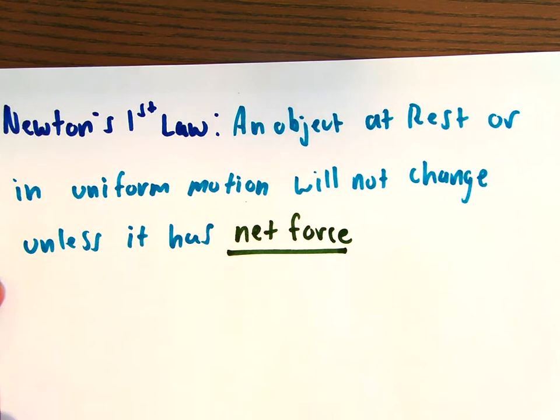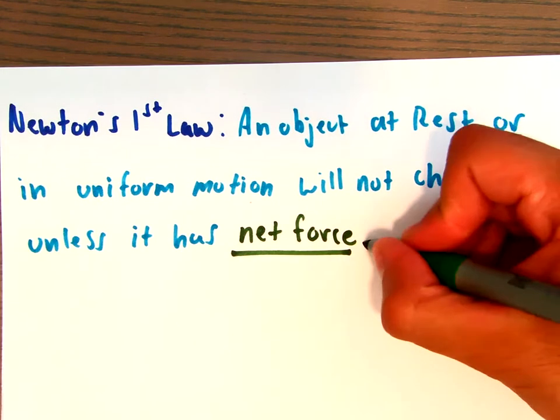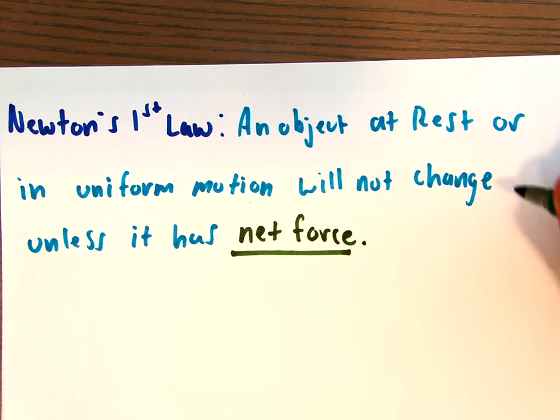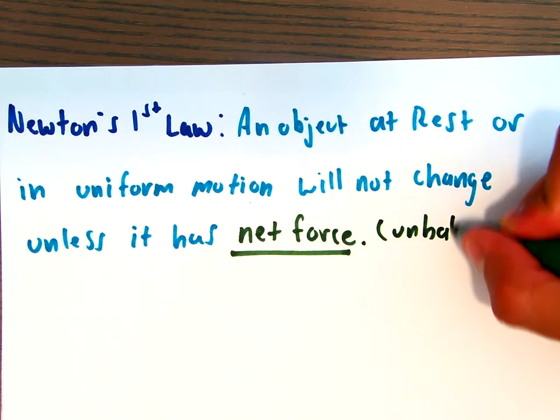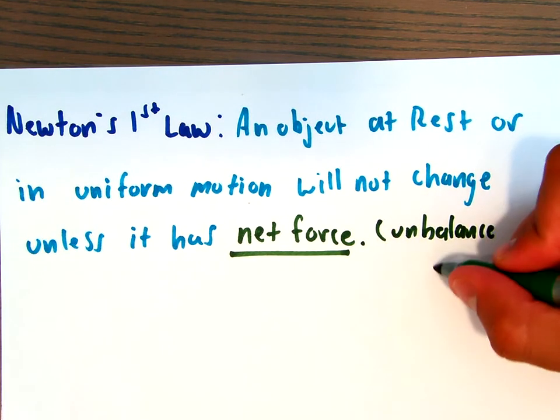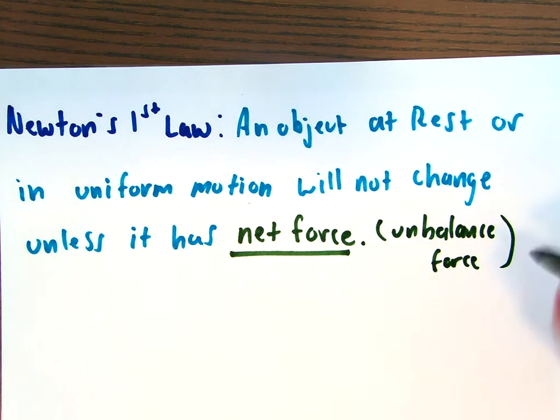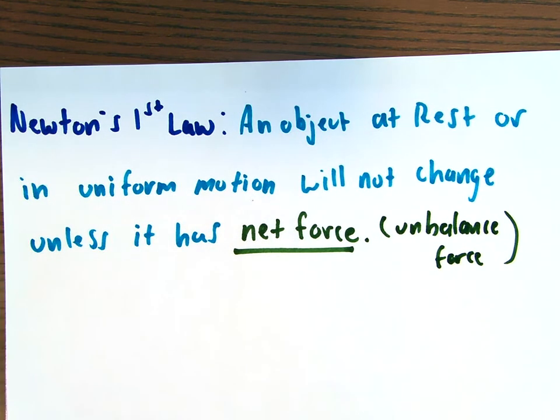Okay, which is what we're going to go over today. Another way to say a net force is that it has an unbalanced force on it. We've seen already that when something has an unbalanced force, we have motion. Okay, so that's the definition, and we're going to work through a couple of examples.